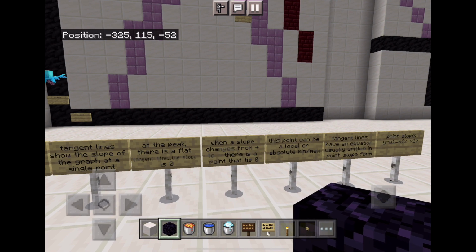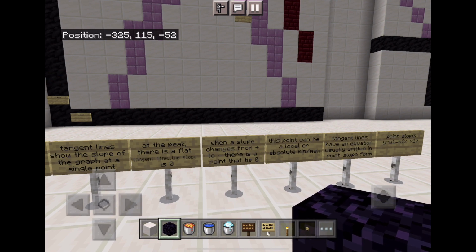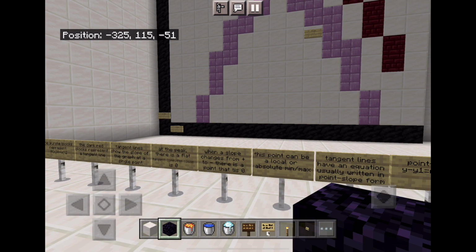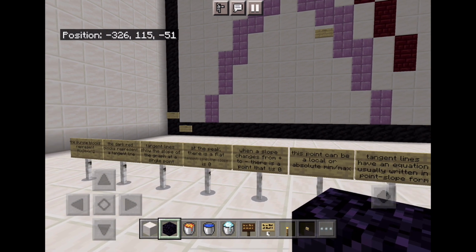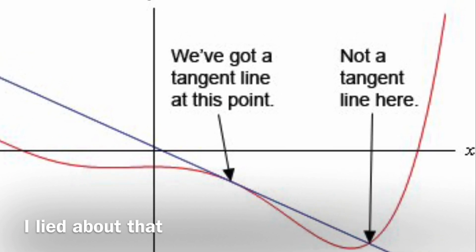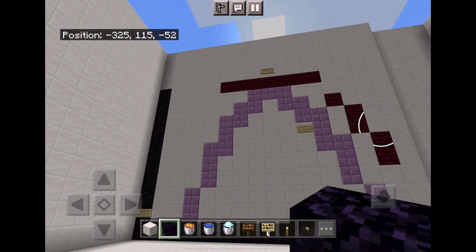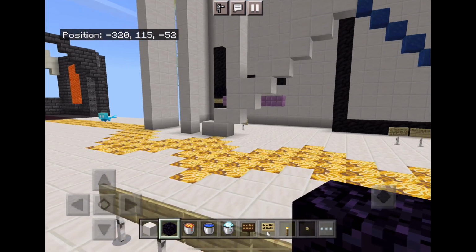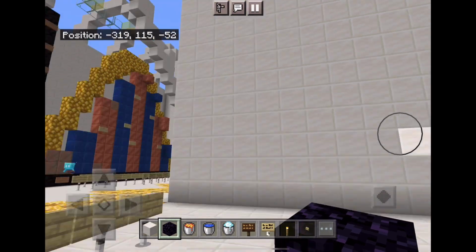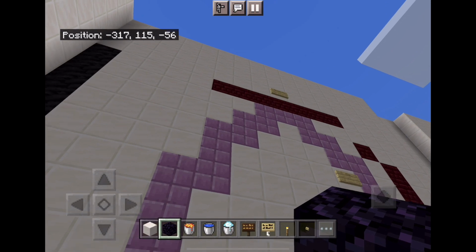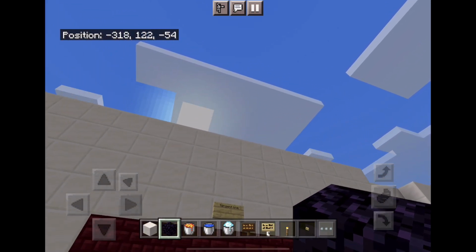A tangent line is a line that, one, tells you the slope at a specific point in point slope form, and two, only touches a single point. In this case, it would only touch the vertex, and if it was a point along the curve, it would still only touch that one point. So that's a tangent line.